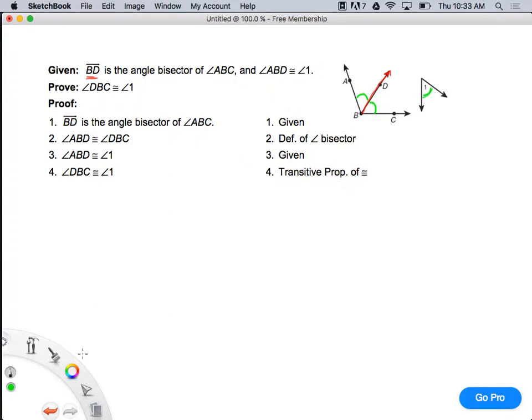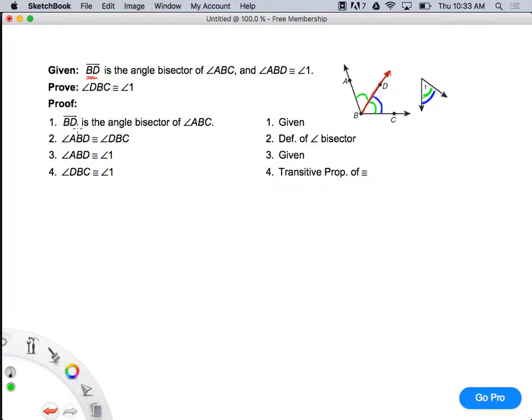And what they want us to prove is that angle DBC is congruent to angle 1. So they want us to prove that this angle DBC is also congruent to angle 1. You see that? Does that make sense to you guys? You understand that?